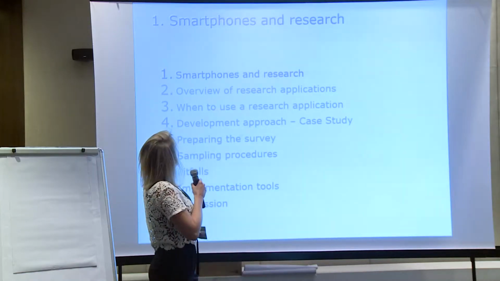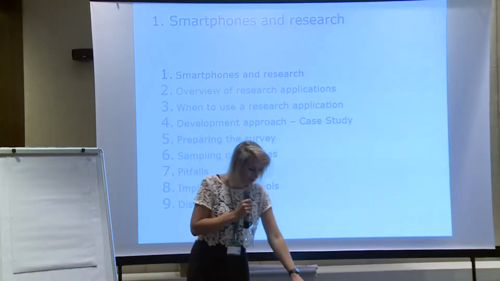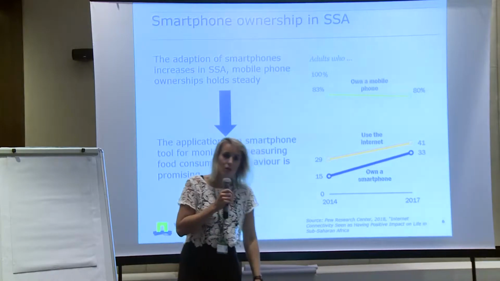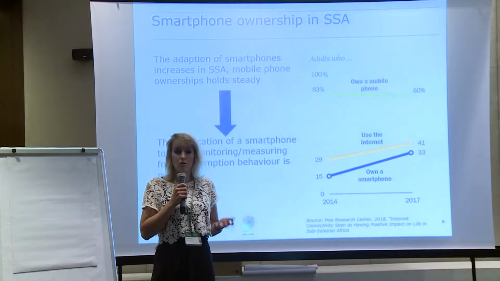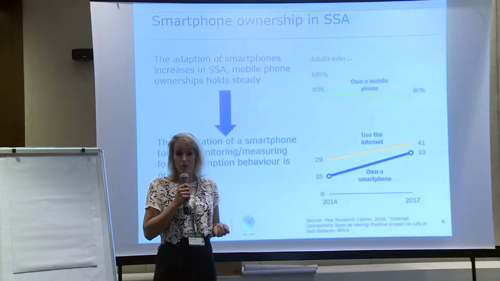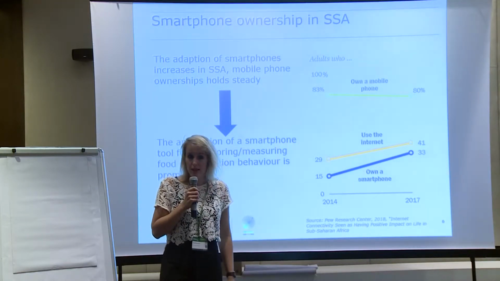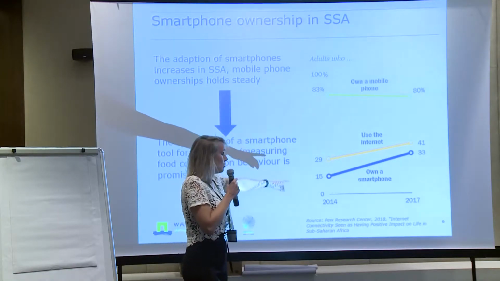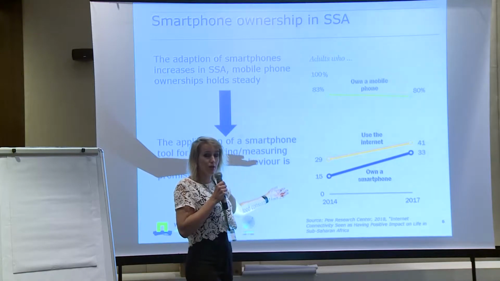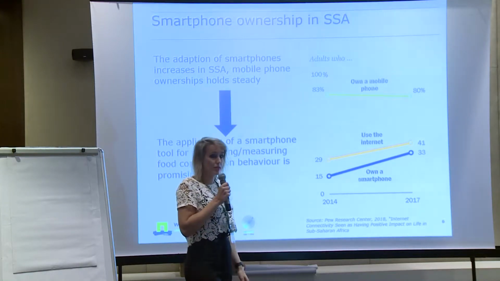Okay. So the first one, smartphones and research. The ownership of smartphones is increasing, and is also increasing in developing countries such as sub-Saharan Africa. What you can see from this figure is that the number of people that own a smartphone in sub-Saharan Africa is increasing.